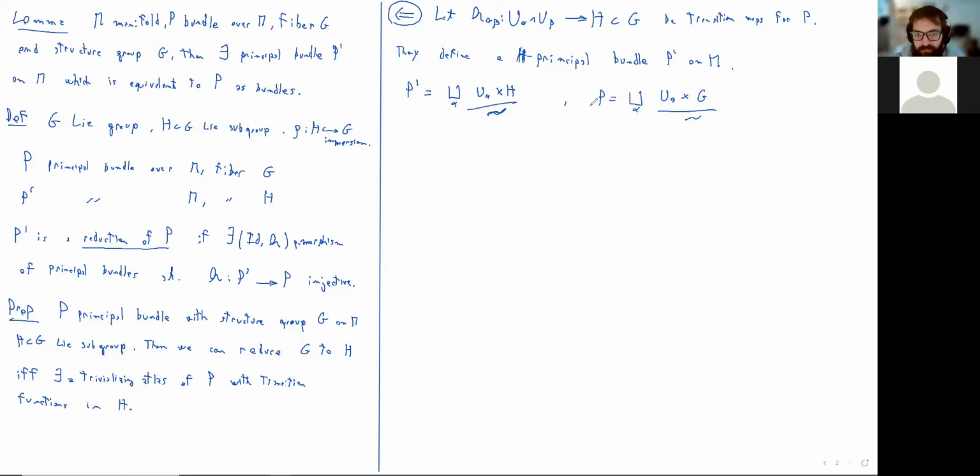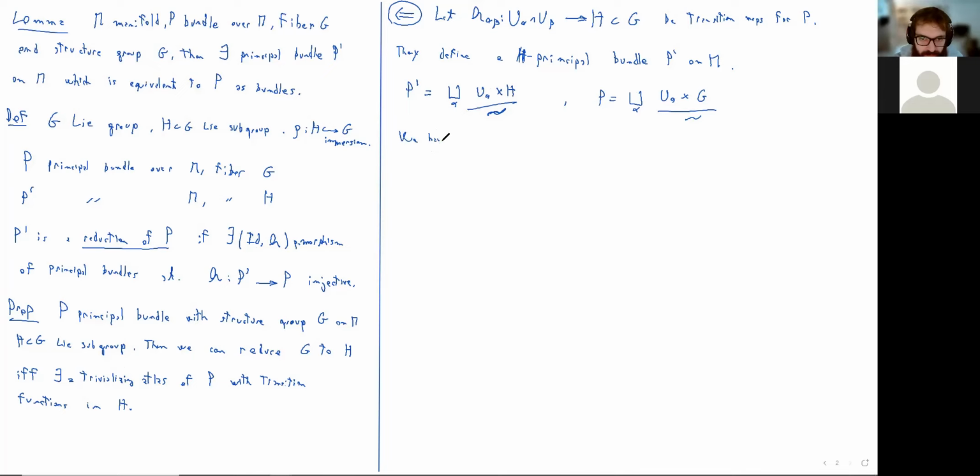So these are kind of the same thing, but here you have G and here you have H, but they do have the same transition functions. So now what we want to do is show that there exists this reduction. So we define our P prime, we define our P, and we need to find this map h, which is injective.